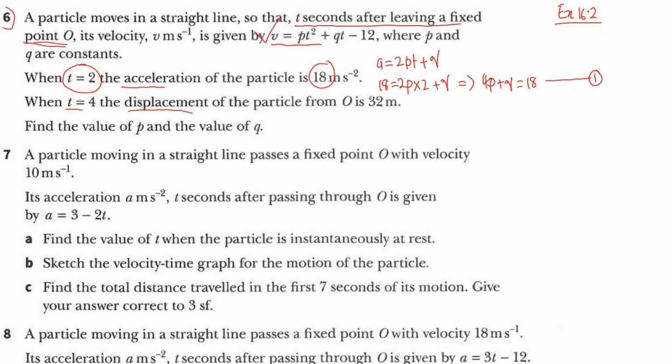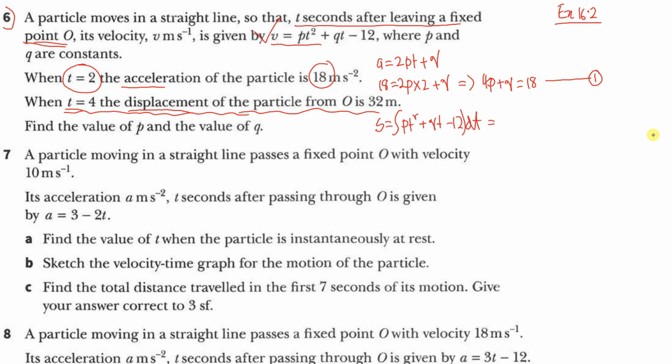Now for the second equation we can apply the information that when t equals 4, displacement equals 32. We have to integrate, and we can express displacement as s. So let me integrate the expression written here, pt squared plus qt minus 12 dt.